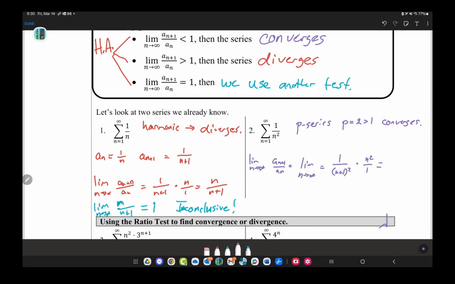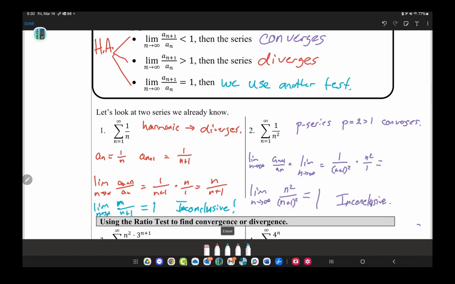Now this also gives you the limit as n goes to infinity of n squared over (n plus 1) squared, which gives you 1. So this is also inconclusive. So far, not super helpful, right? But again, it's nice that we already know that these diverge or converge.